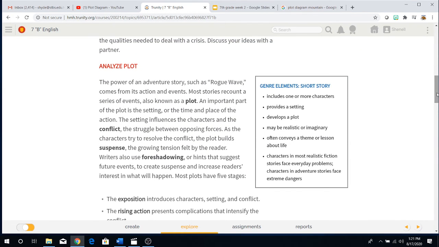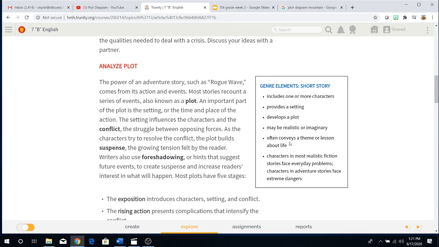Now, we're also going to focus on the genre elements of a short story. It includes one or more characters, it provides a setting, it develops a plot, it may be realistic or imaginary, it often conveys a theme or lesson about life.